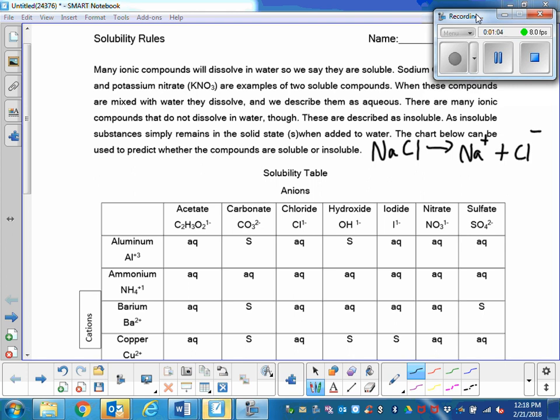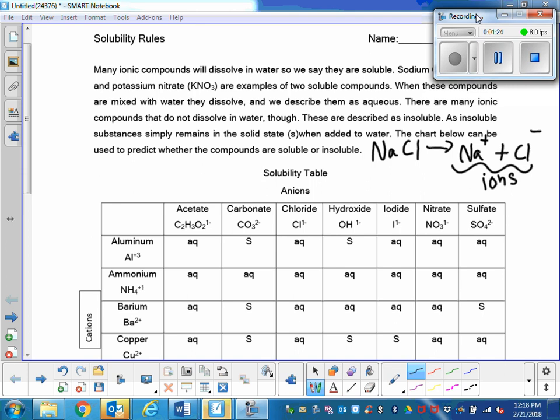What are these? These are the ions. And when they break apart into their ions, you cannot see them anymore. The particle size is much smaller, so you cannot see it. Do you understand this concept?